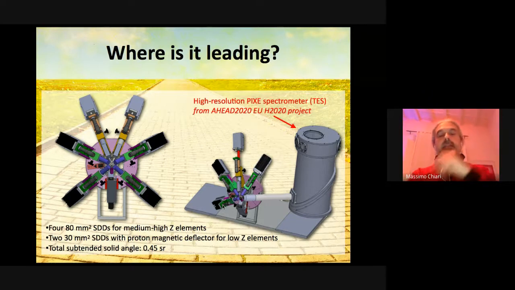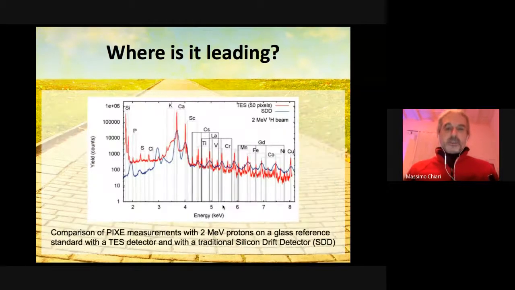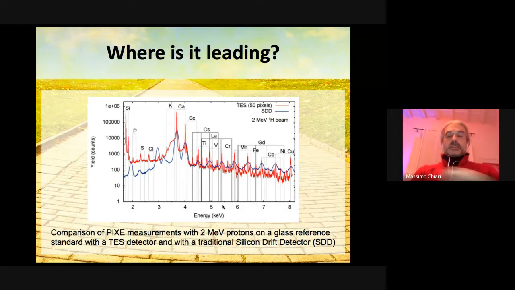And this array is modular in such a way that it is possible to remove one or two detectors and place a high-resolution PIXE spectrometer based on a transition edge sensor to do also high-resolution PIXE measurements, to have also some information about, for example, chemical states that could be important as an additional tracer for the sources of the aerosols.